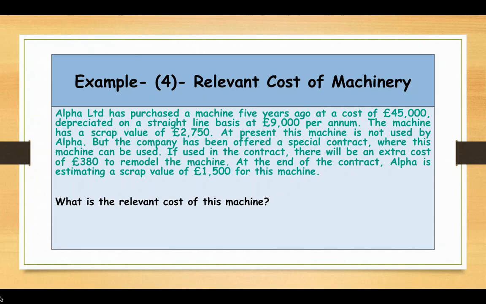Okay, because they're going to use the machinery in the special contract, the machinery has lost from its scrap value £1,250, because the original scrap value is £2,750.